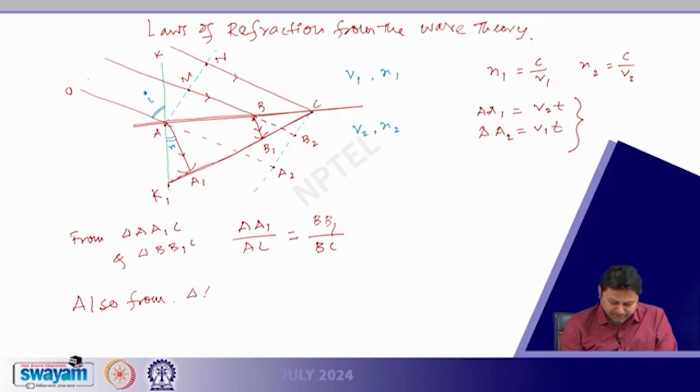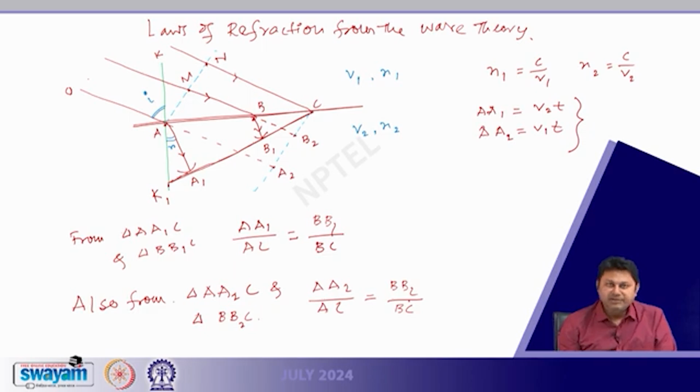from triangle A2 C and triangle B2 C, in a similar way we can write A2 divided by AC is equal to B2 divided by BC.